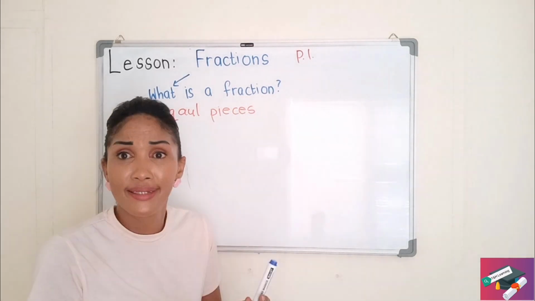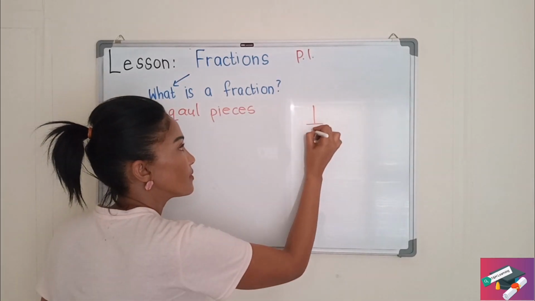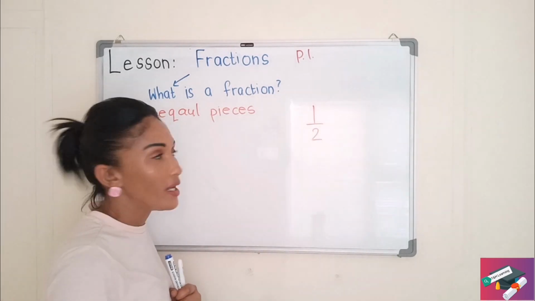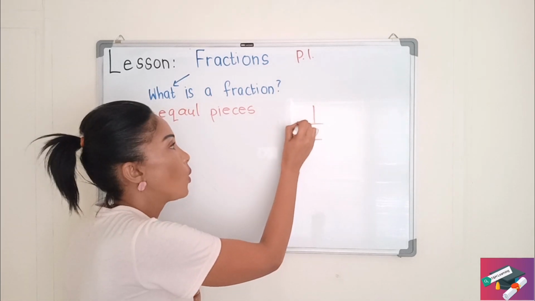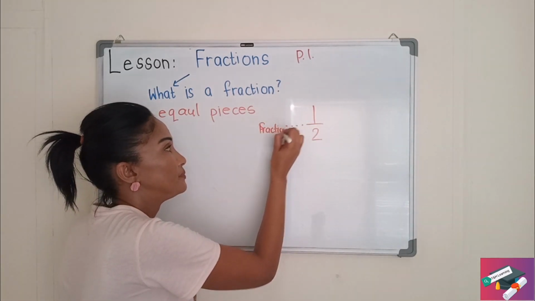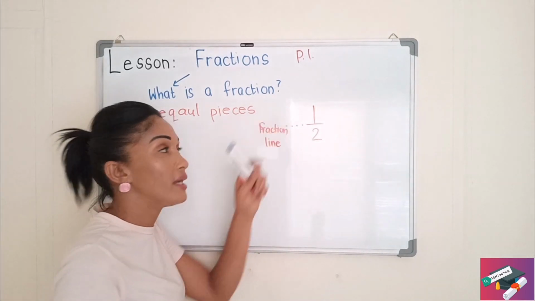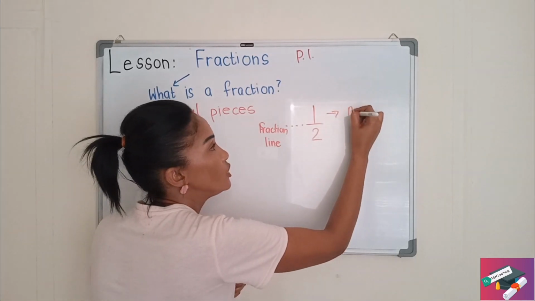So how do I write a fraction? This line, we call this my fraction line. Then on top of my fraction line, we call that my numerator.